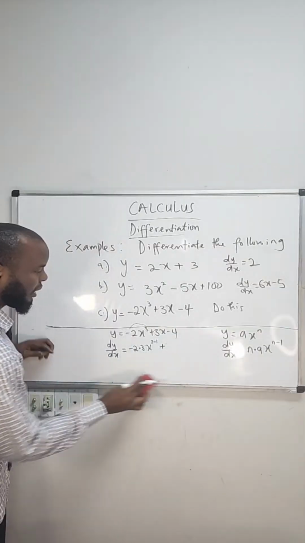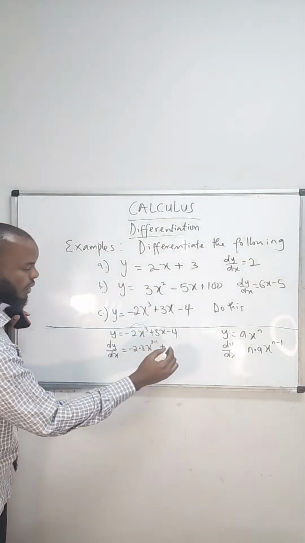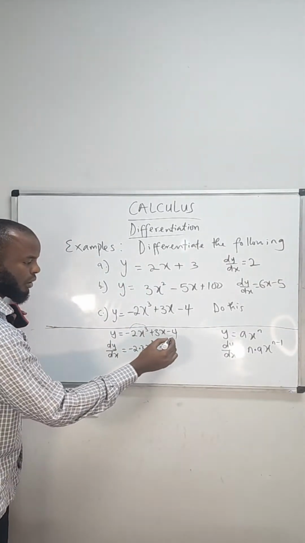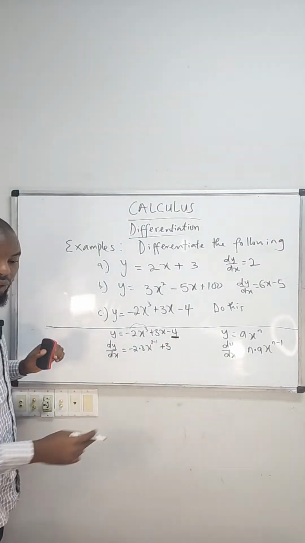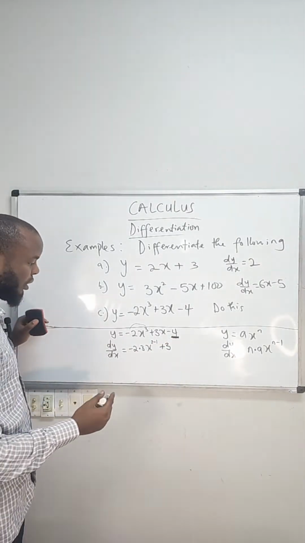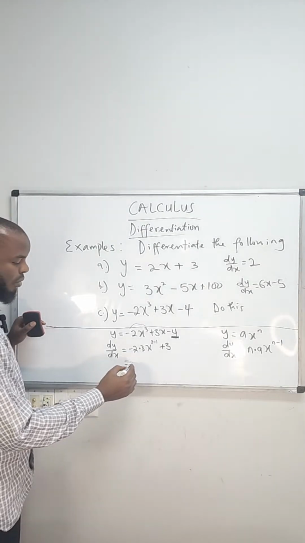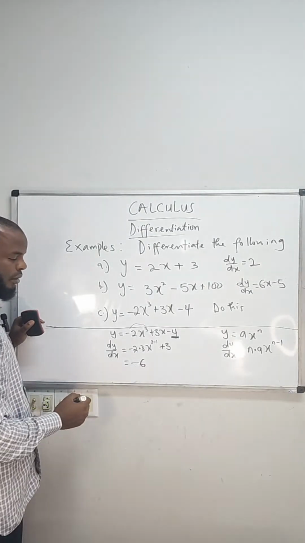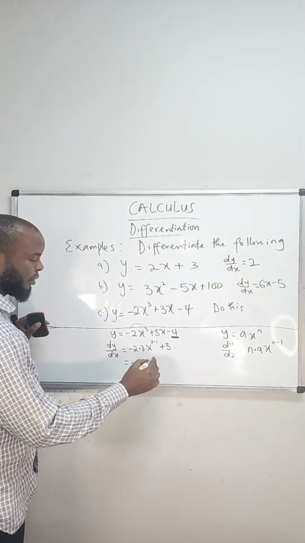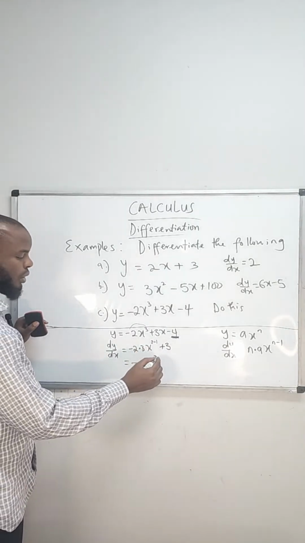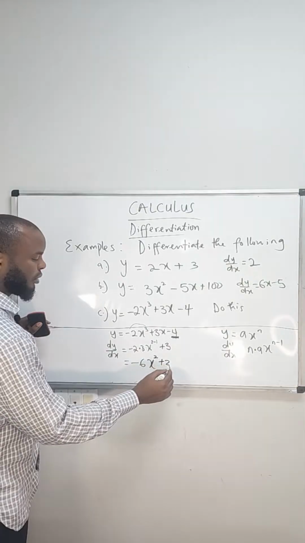If you differentiate 3x, just like the first one we did, it's just going to be 3. This is a constant, it's going to go away. We don't need the constant term. So negative 2 times 3 is going to be what? Negative 6. x, 3 minus 1 is going to be squared, plus 3.